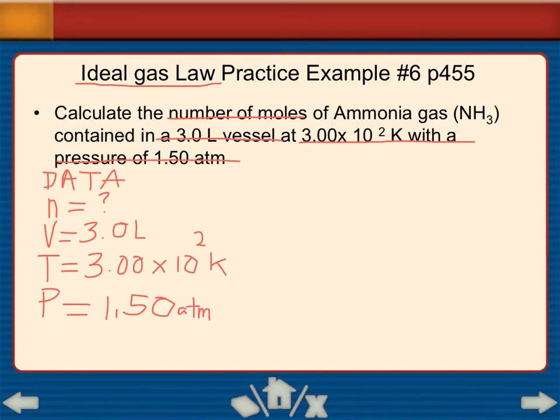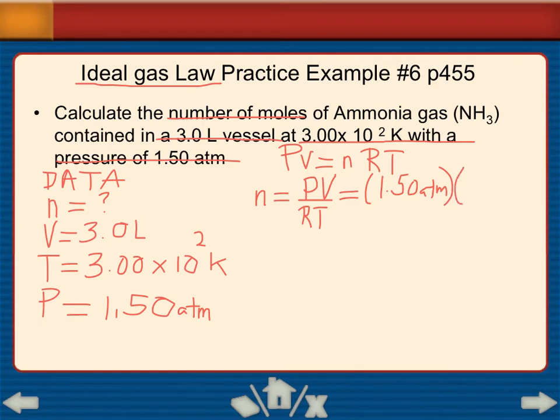So now we're going to write out the ideal gas law, PV equals nRT, and we are solving for N, the number of moles of gas. So N will become PV over RT.